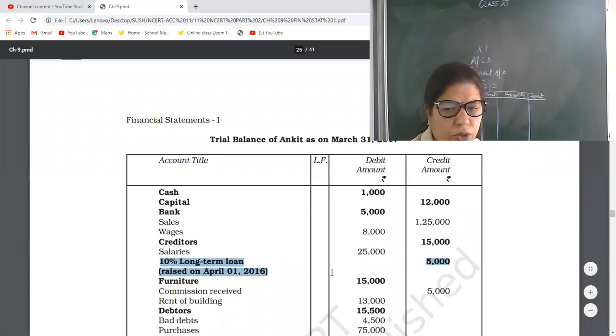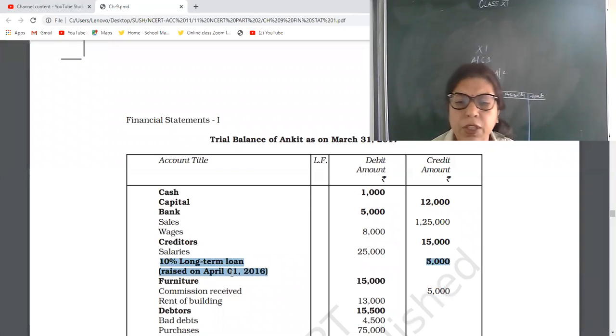So many students told me that, ma'am, there is the problem in loans. See, loans, if it is given in the credit side, it will be termed as liability. Note down, please. And if it is given in the debit side, that will be termed as asset, loan given. This credit loan is termed as loan taken. And this 10% is rate of interest, and it is the date given for calculation of interest.